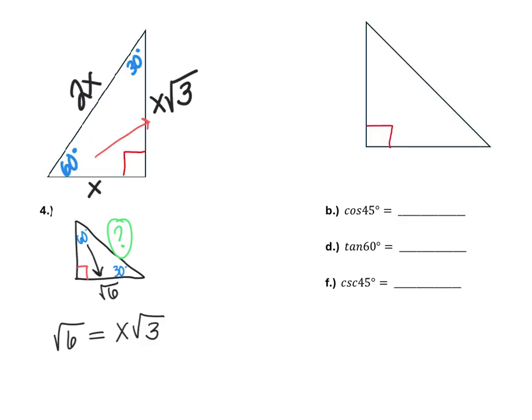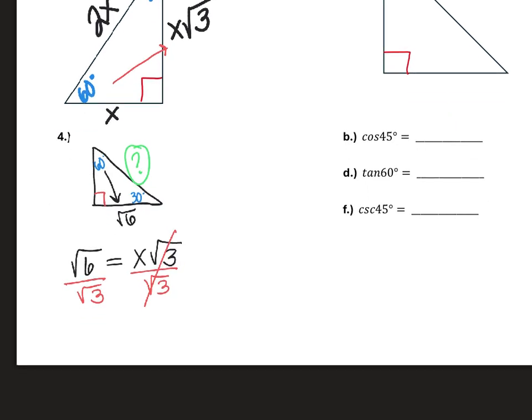And we can now solve for x by just doing algebra. So if we divide both sides by the square root of 3, we're going to solve for x. Remember that with square roots, we could keep them separate, or we could put it as one fraction. 6 divided by 3 is 2, so x equals square root of 2.